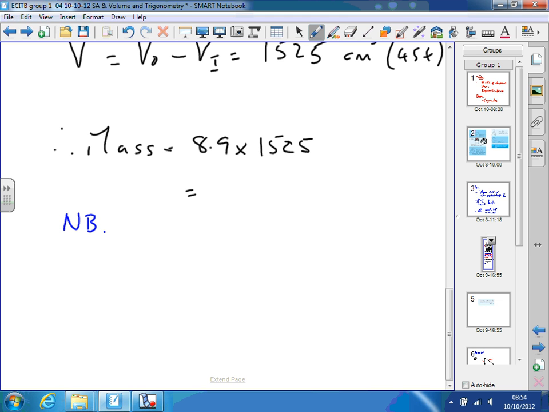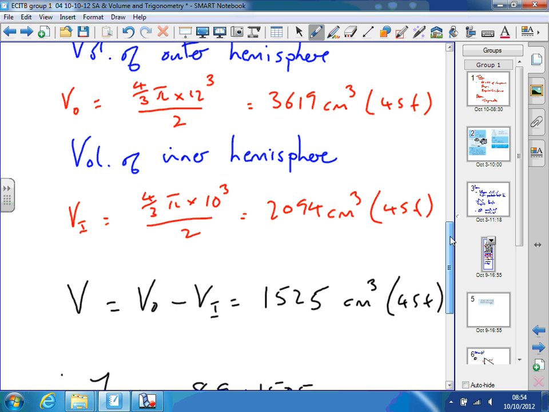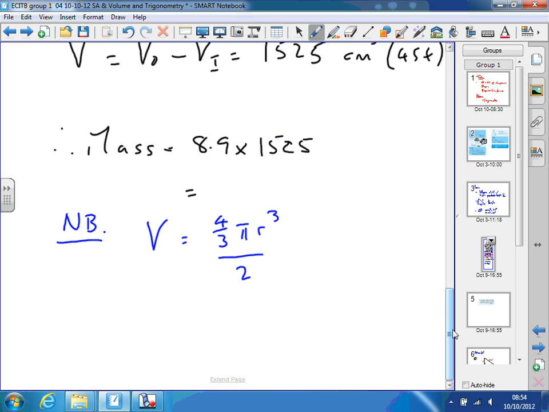note the volume of a sphere, so the volume equals 4/3 pi r cubed over 2. That's our formula. It's the same formula for both calculations. It's just that we had two different figures in. So actually, the total volume equals 4/3 pi (r outer cubed minus r inner cubed) over 2.